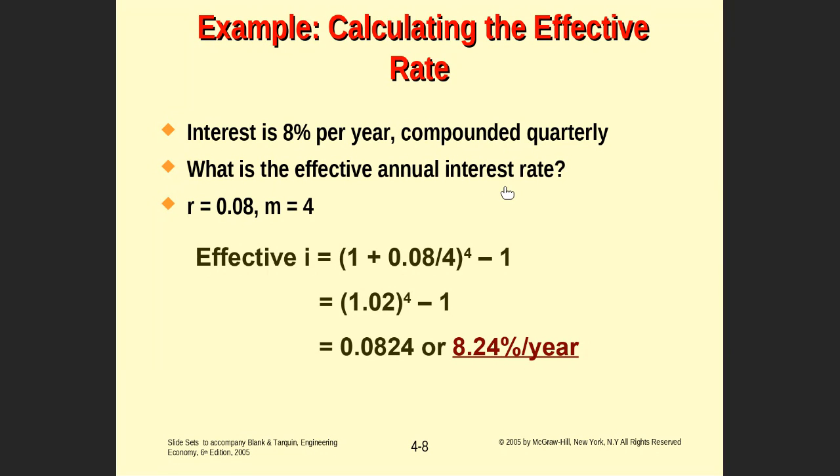R equals 0.08, M equals 4. Even if this information was not given, you can find it, because the relation between the quarter and the year is 4. We know that already. In this case, the compounding is the quarter and the time period is the year.